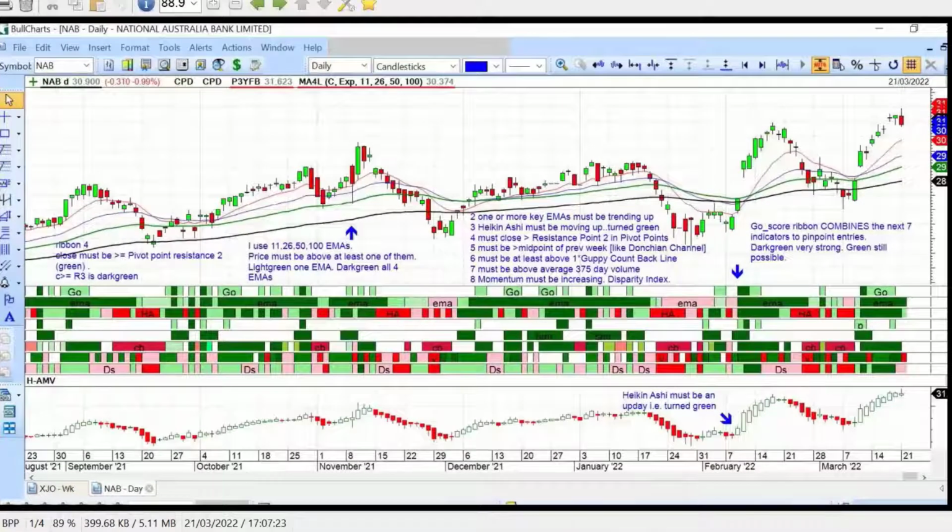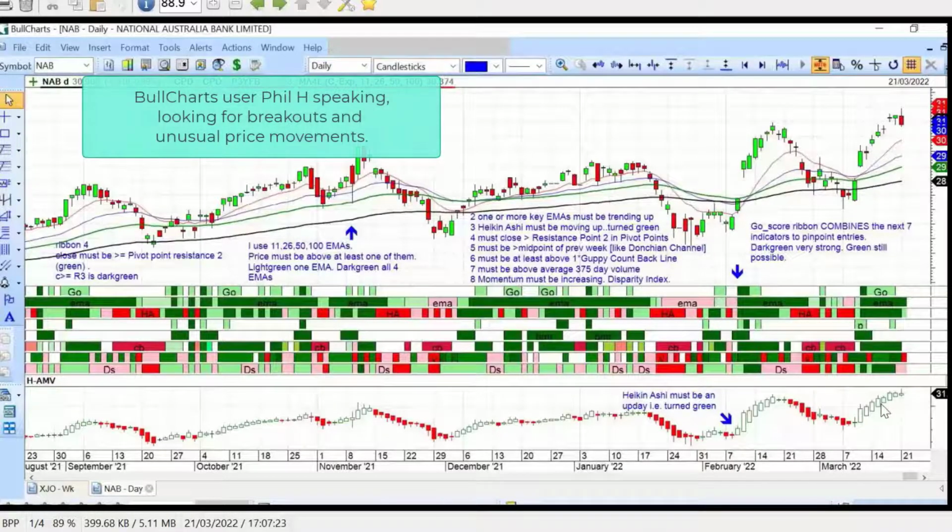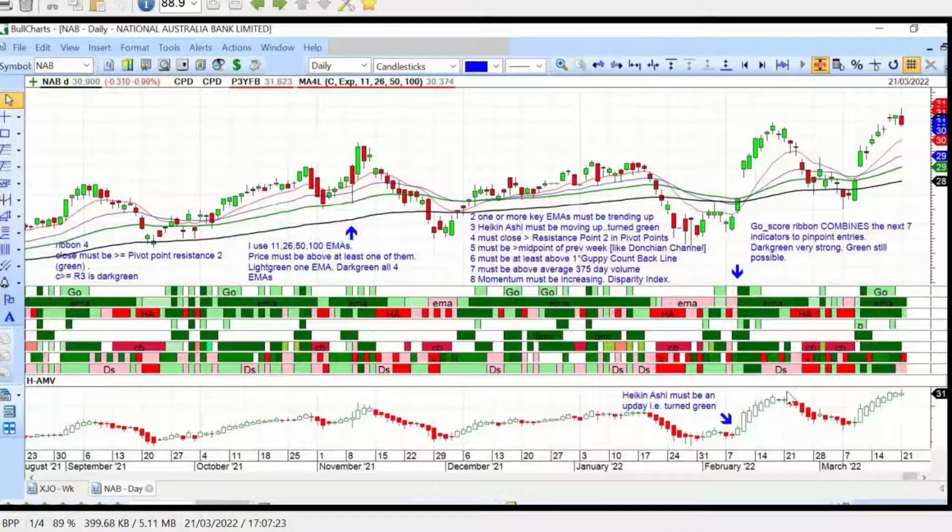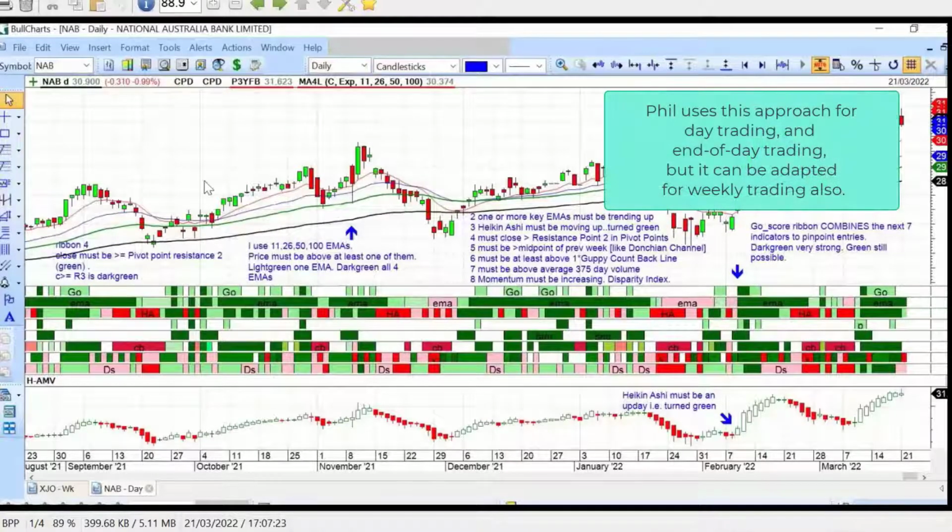Okay, good evening, everyone. I'll present to you tonight my scan, which mainly focuses on spotting breakouts and unusual price movements. I'm mainly a day trader, but my scan can be adapted to weekly trading as well. My chart isn't normally as cluttered as this.